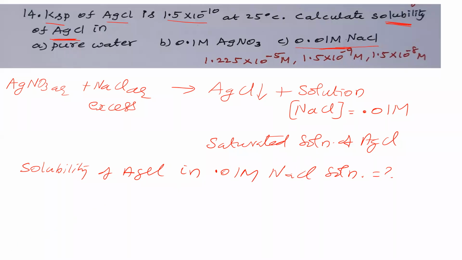For the equilibrium, write silver chloride solid on the left side, and on the right side write the ions in aqueous solution, Ag plus ion and Cl minus ion.